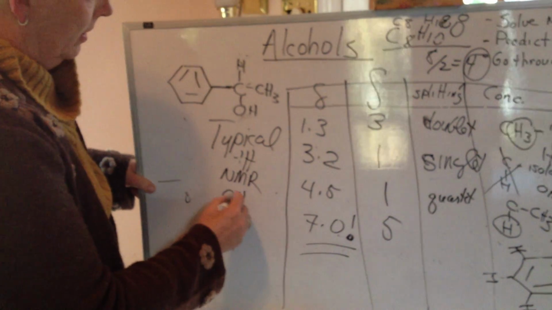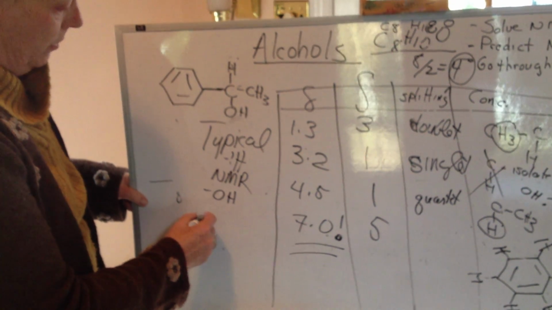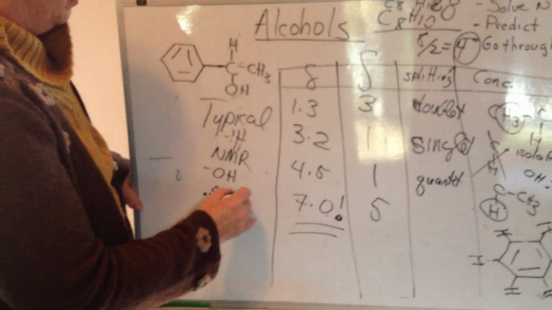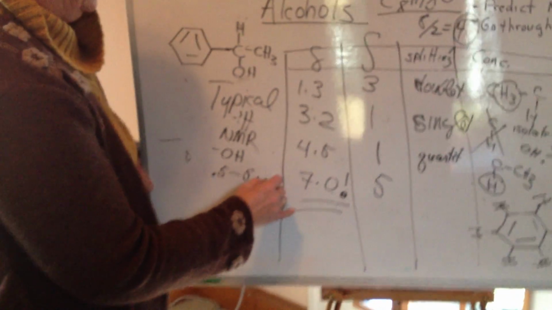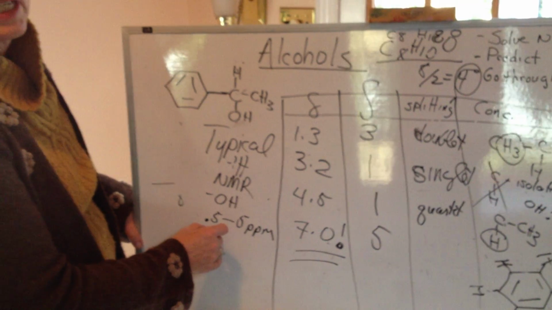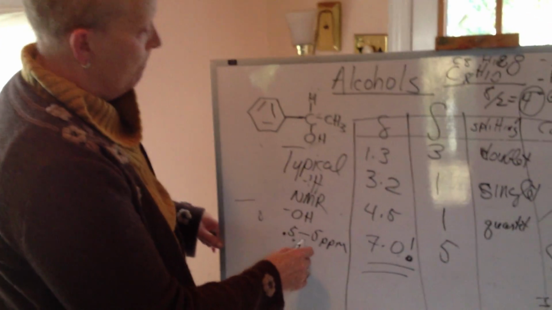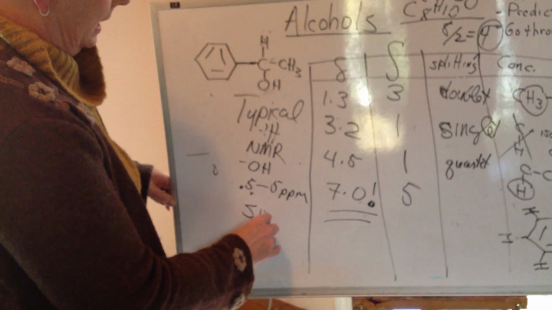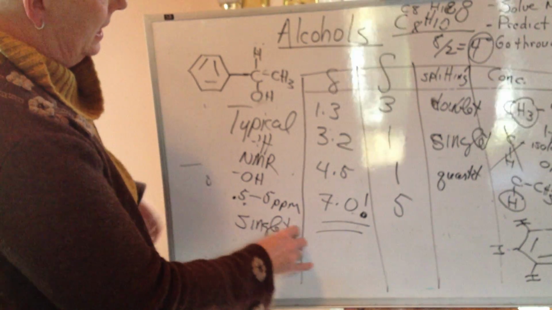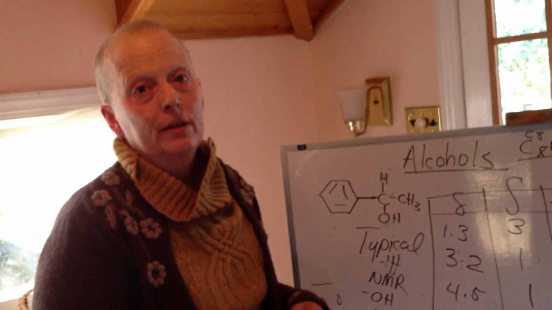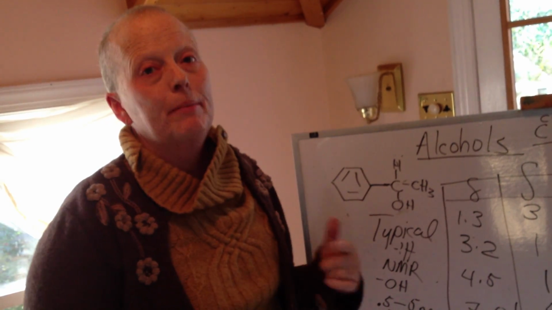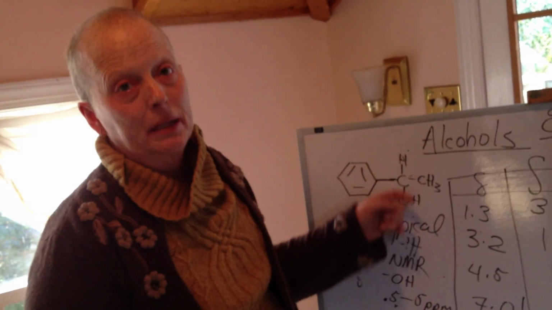OHs have a variable position from 0.5 to like 5 ppm. It's a little different on different tables. In the gas phase, it's like at 0.5 parts per million. And it's usually a singlet. And that's actually kind of nice because you can usually pick them out. And it simplifies the splitting a little bit. But as I said, there are chemical means by which you can get that coupling back in there.